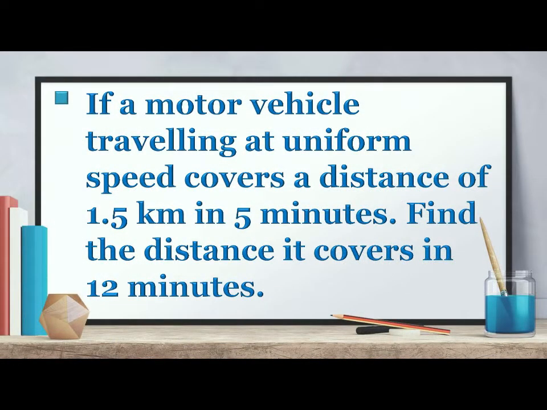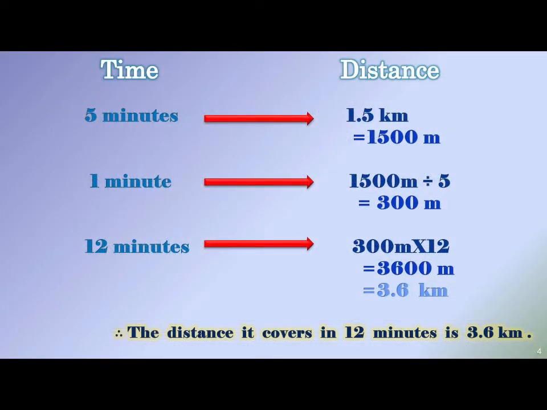The fifth one, if a motor vehicle traveling at uniform speed covers a distance of 1.5 kilometers in 5 minutes, find the distance it covers in 12 minutes. Here, the two quantities are the time and the distance. The motor vehicle covers a distance of 1.5 kilometers in 5 minutes, so that the vehicle covers the distance of 300 meters in 1 minute.